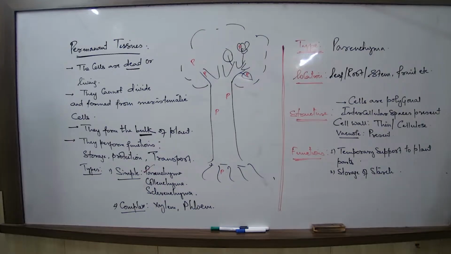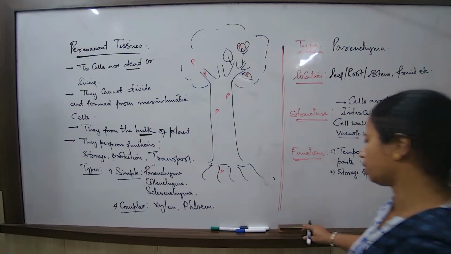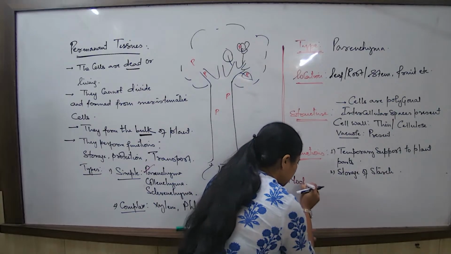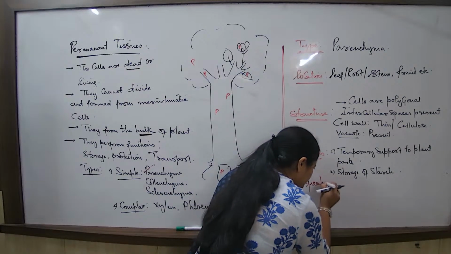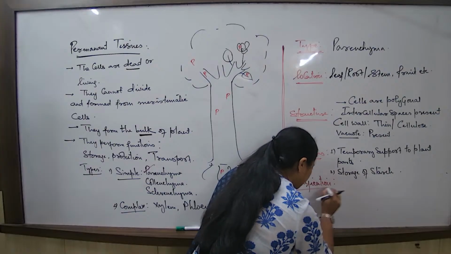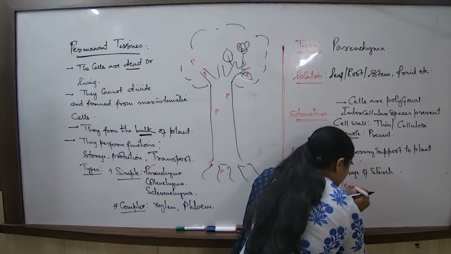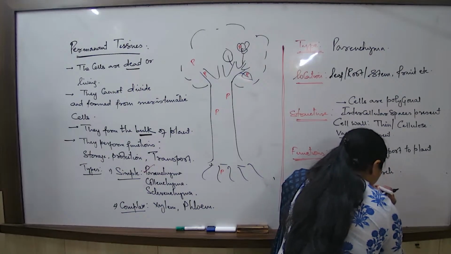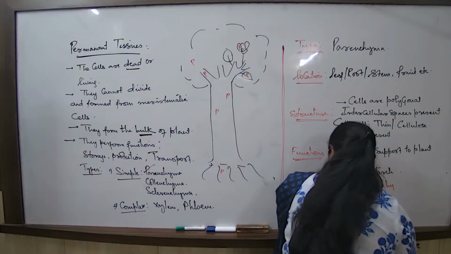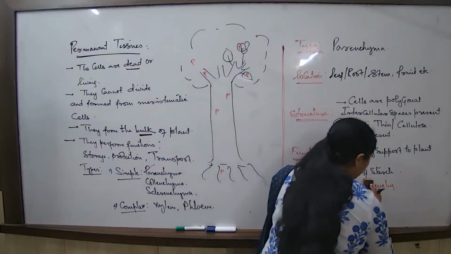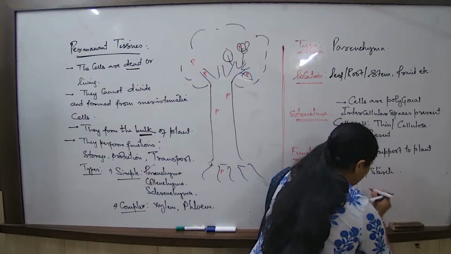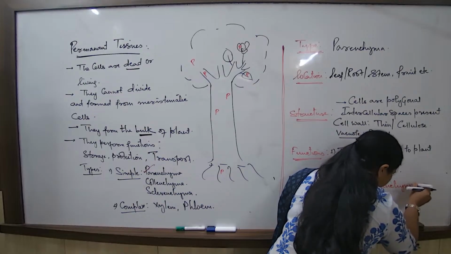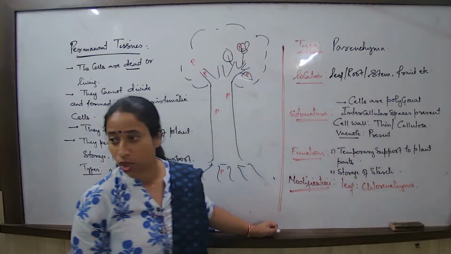Now, a specific concept. Let us look into some modifications. Modifications here means, is there any specialized form of parenchyma in a plant? Yes. The type of parenchyma in the leaf is known as chlorenchyma.